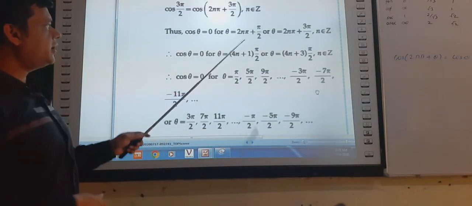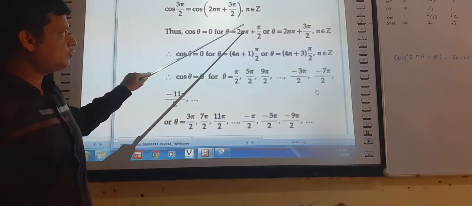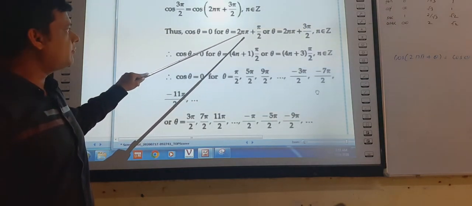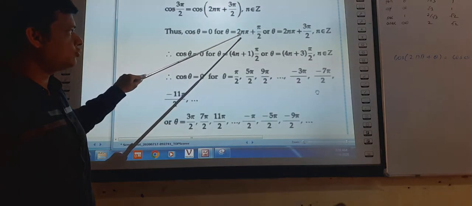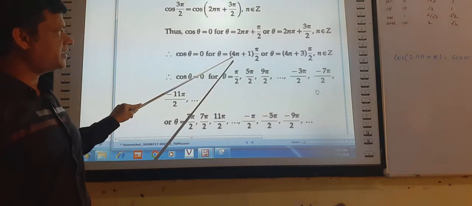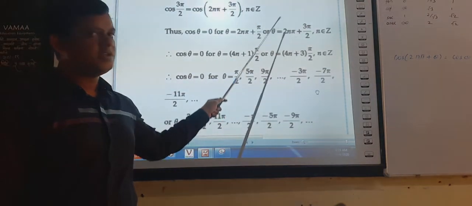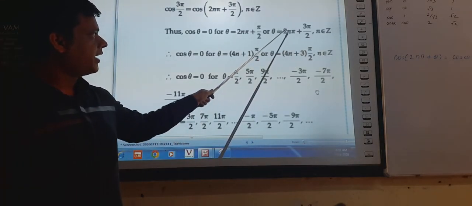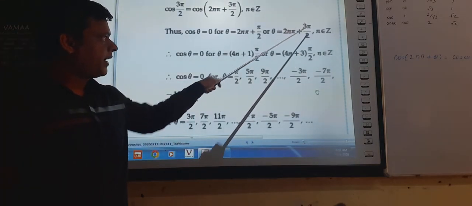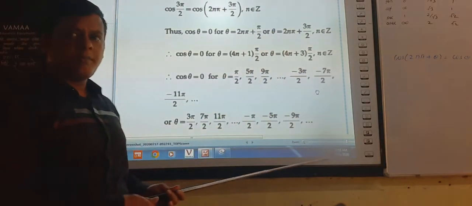You can easily observe here the base is 2, so making the base 2, multiply by 2 and divide by 2, so 2 into 2n. After taking pi by 2 common, we write this as (4n plus 1) into pi by 2. We use the same procedure here: after multiplying and dividing by 2, and taking pi by 2 common, we can write this term as (4n plus 3) into pi by 2.